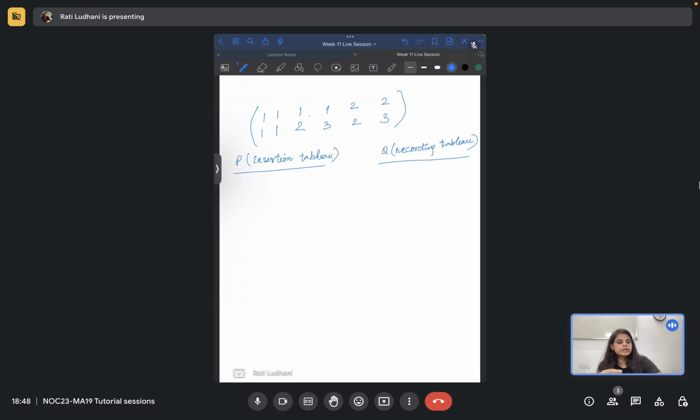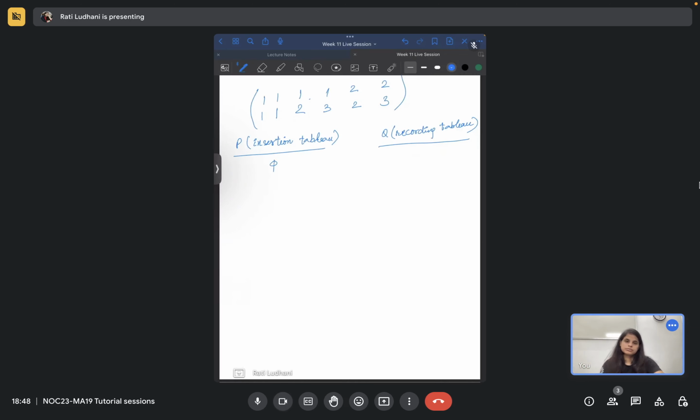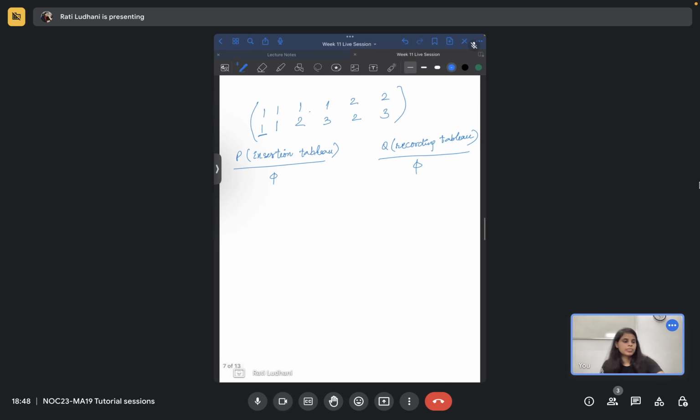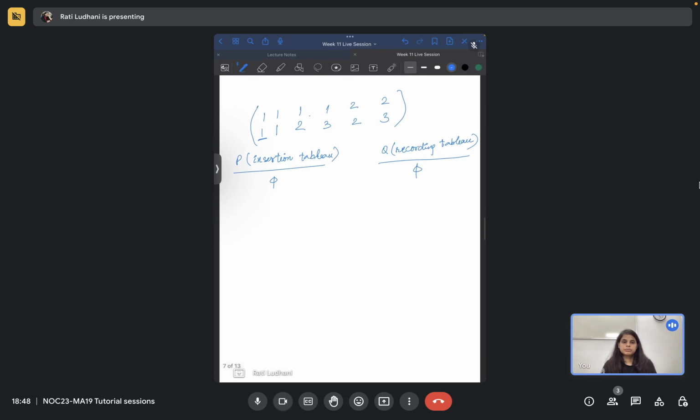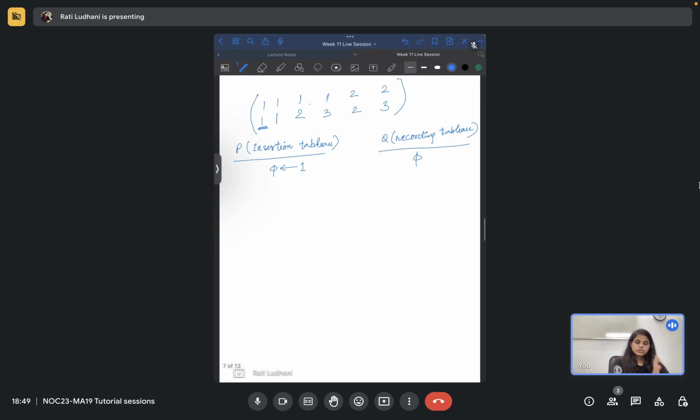Now we'll start with, firstly there is nothing, so it's just 5, because there is nothing. Corresponding to 5 we have nothing in the recording also. We are again getting the semi-standard Young tableau. Now we are inserting 1. As we inserted for A, we will do the same process.